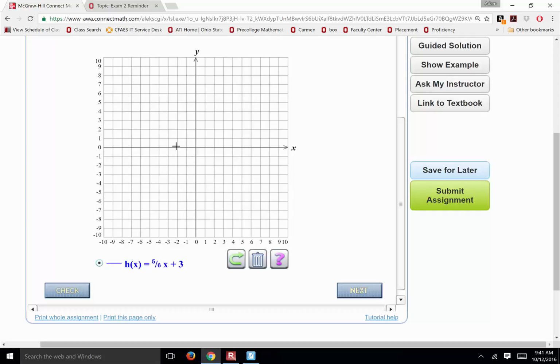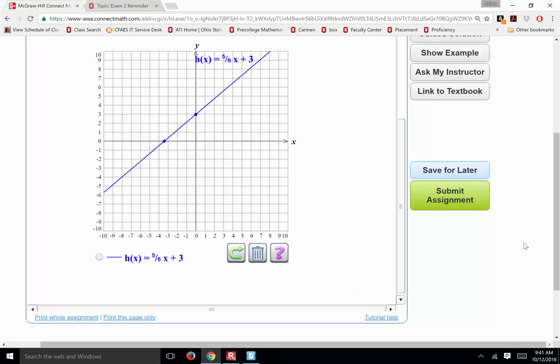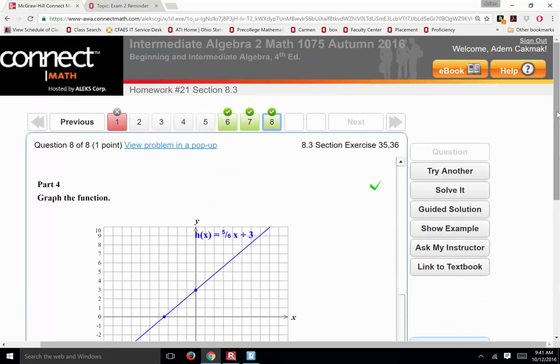Minus 3.6 is a little past minus 3 on the left. And y coordinate was 3, right? Agree? And that's it. Easy, right?